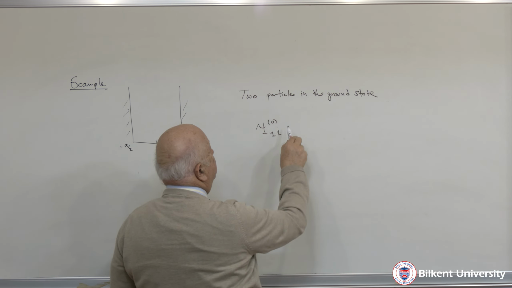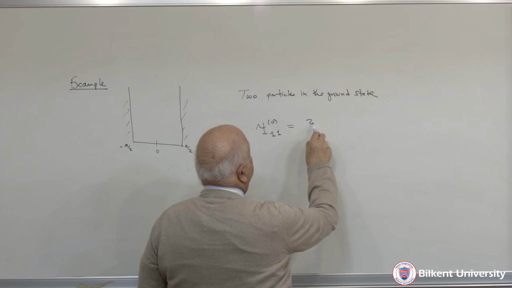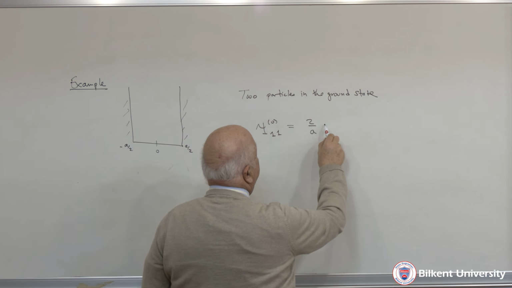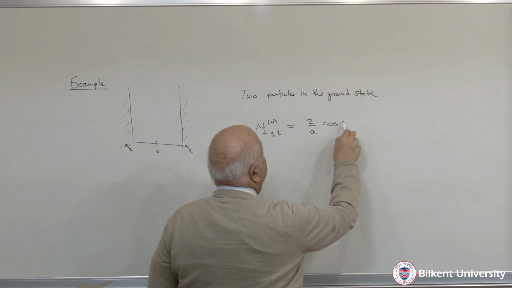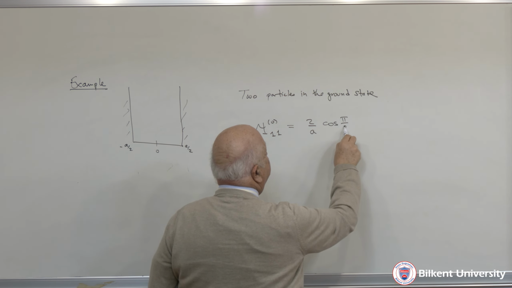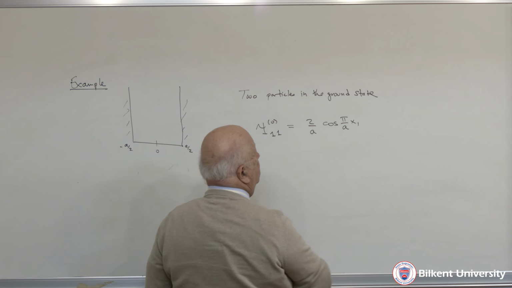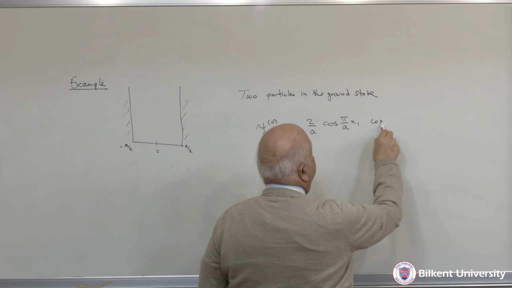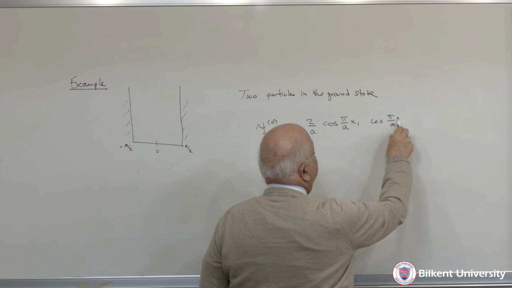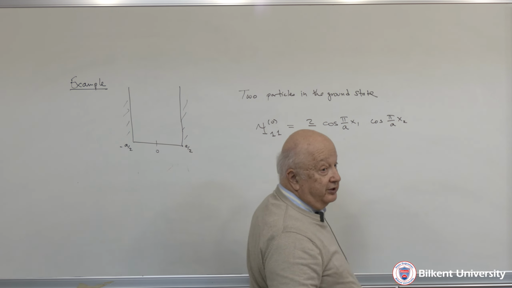That's going to be 2 over a, the product of these 2 functions, cosine pi over a x1, cosine pi over a x2. So it's a symmetric function.